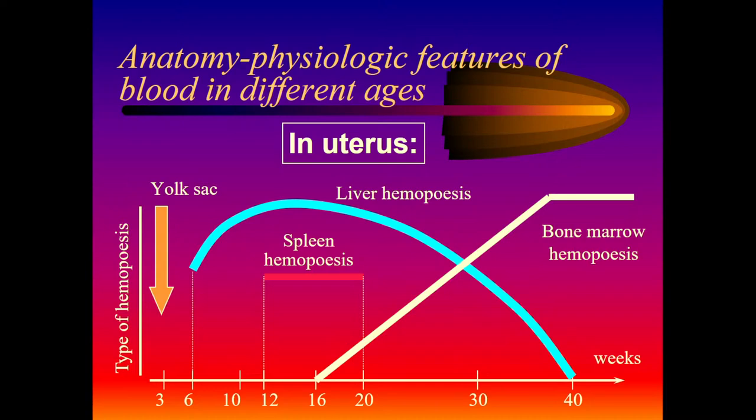In utero, it is the wall of the yolk sac, and during all periods of pregnancy the liver makes hematopoiesis. Spleen hematopoiesis occurs between 12 to 20 weeks of gestation, and from 16 weeks in utero, bone marrow hematopoiesis starts.